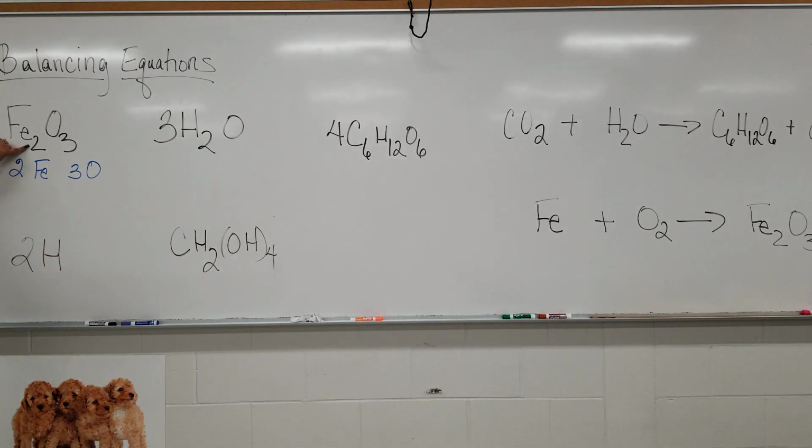So the subscript only relates to the element immediately to the left of the subscript. So this 2 relates to iron and this 3 relates to oxygen. So for every iron oxide molecule that we have, we need to have 2 iron atoms and 3 oxygen atoms.